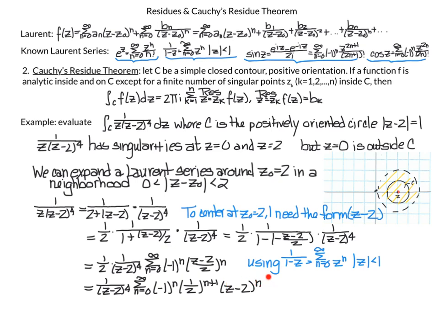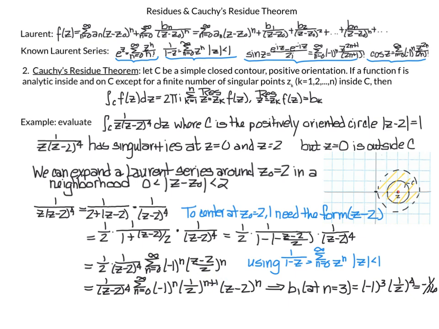So when n is equal to 3, that's when I'm going to get the z minus 2 to the minus 1. I note that my b1 is going to come when n is equal to 3, and my coefficient, when I multiply this out, is going to be negative 1 to the 3rd times 1/2 to the 4th.